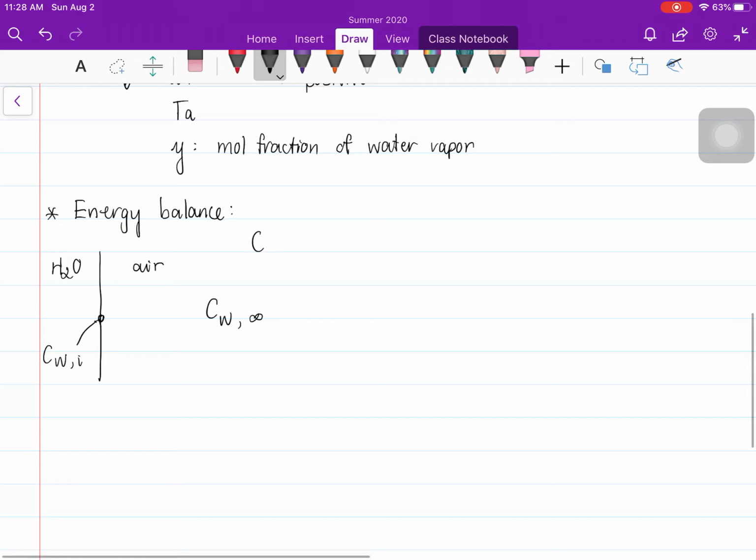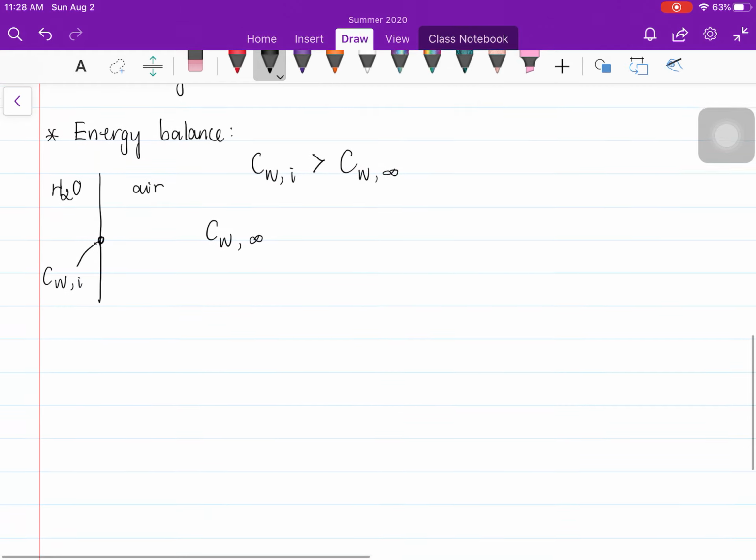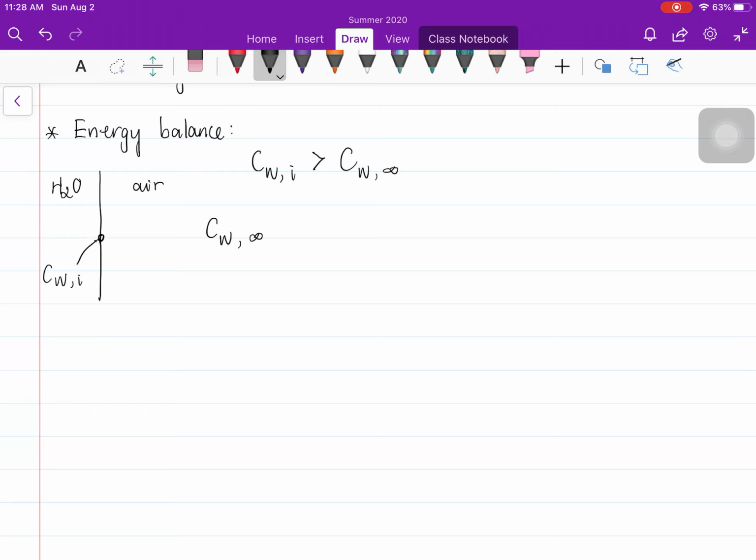And apparently the concentration of water at the interface would be greater than the concentration of water at infinity. So the change in enthalpy of water would be equal to heat capacity of water times mass flow rate of water times area times change in temperature.